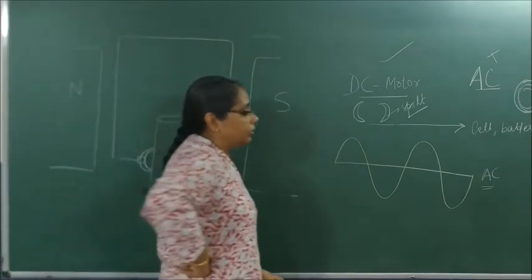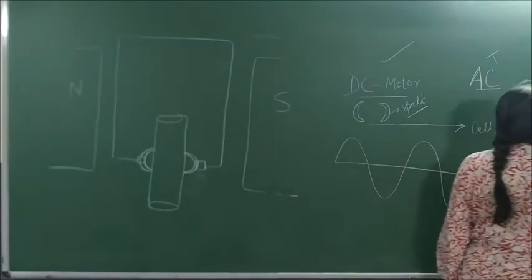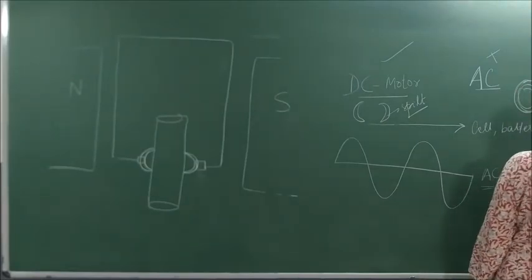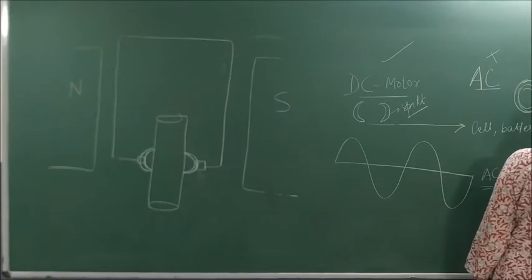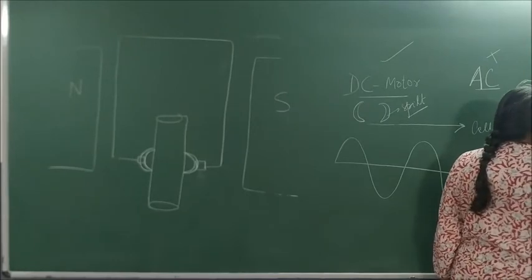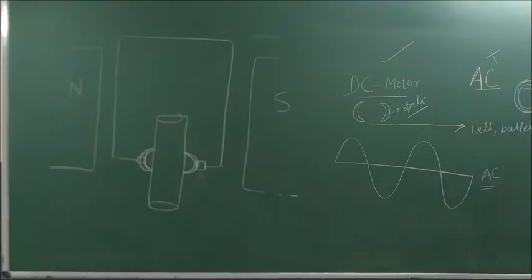Fine, draw a graph like this. If the flow of current is same all through the time, it is called what current? DC current. If the flow of current changes periodically, it is called what current?